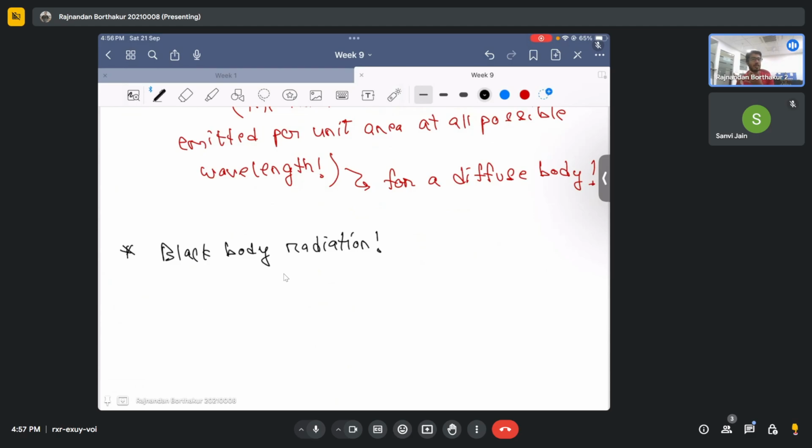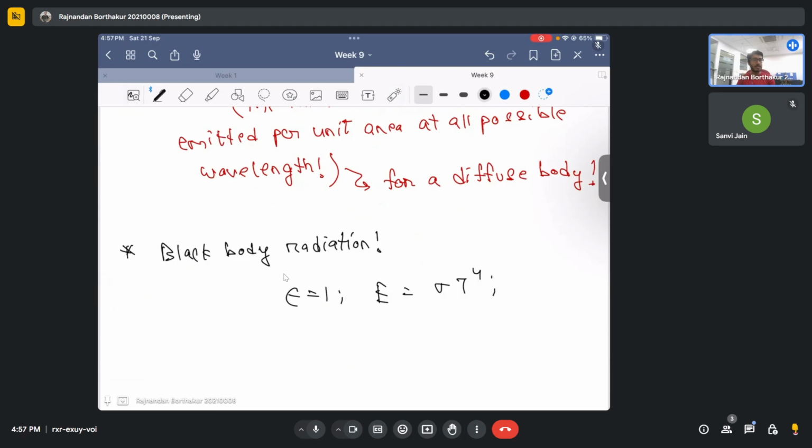There are certain properties of black bodies. The first property is that the emissivity of a black body is equal to 1, which means if I ask what the emissive power of a black body is, it becomes equal to sigma times T raised to the power 4, because your emissivity is equal to 1.